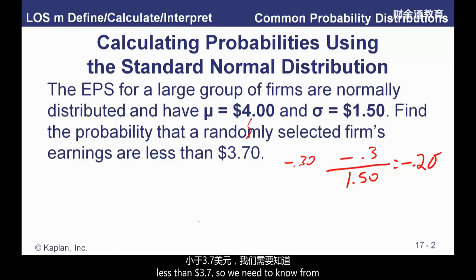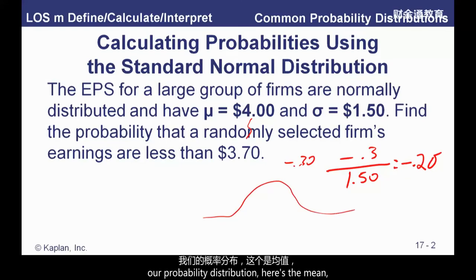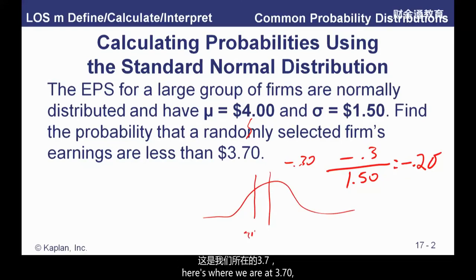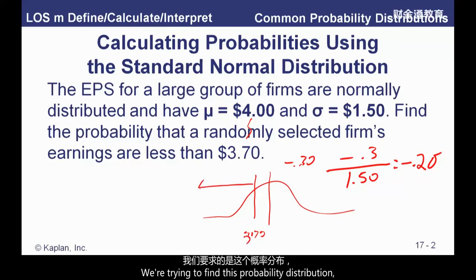So we need to know from our probability distribution, here's the mean, here's where we are at 370, and I've got a little better picture of this coming up. But we're trying to find this probability from the distribution. And so what we're going to look at is the standard normal table, to find out the cumulative distribution function.